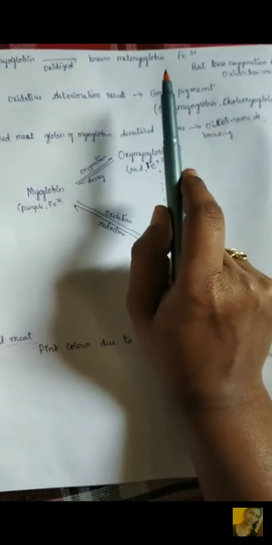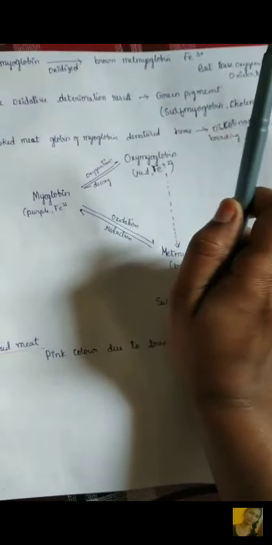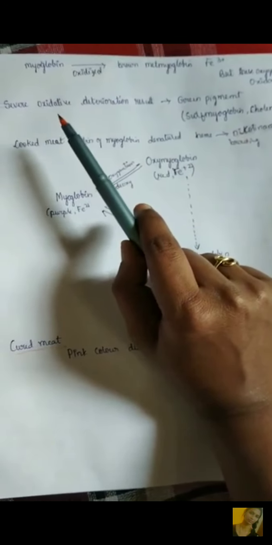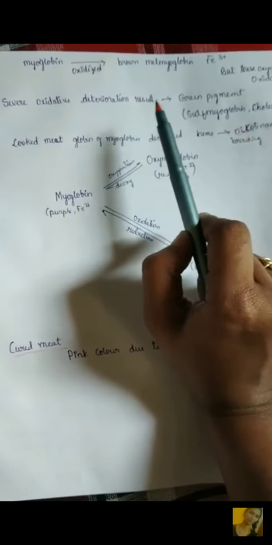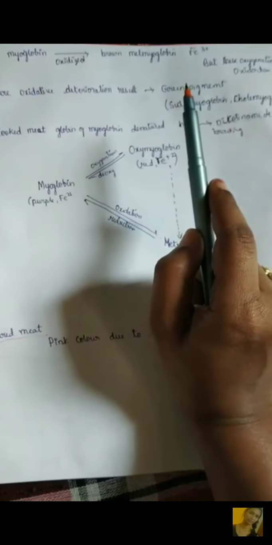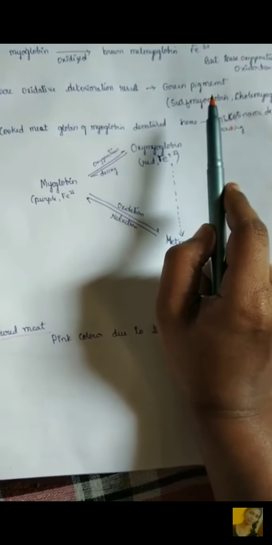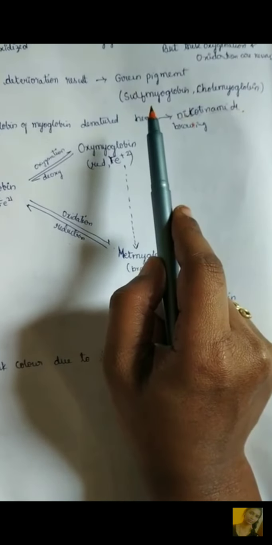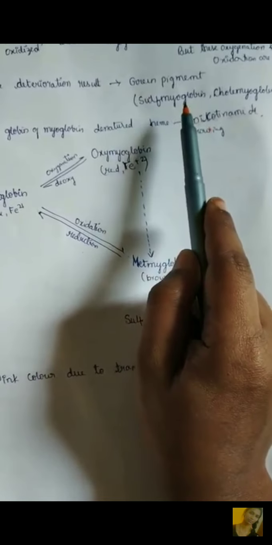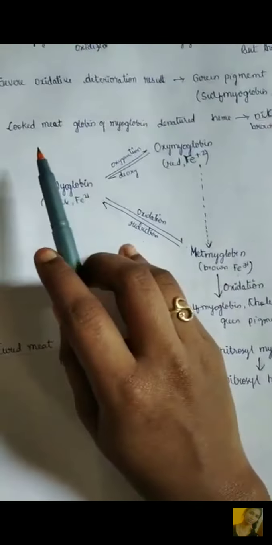But remember that this oxygenation and oxidation both are reversible, and then comes oxidative deterioration, that is when the meat is spoiled. When the cooked meat is spoiled, it will turn into a green pigment. That green color is due to sulfmyoglobin or choleglobin.